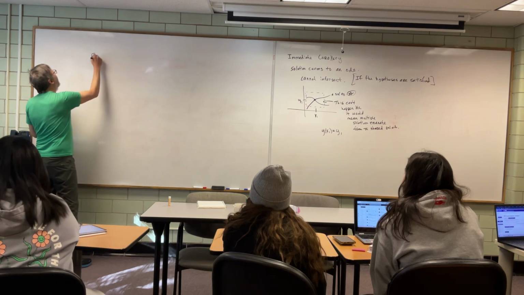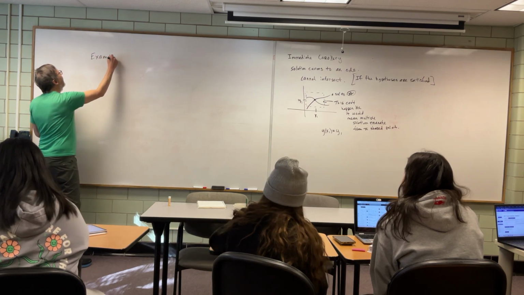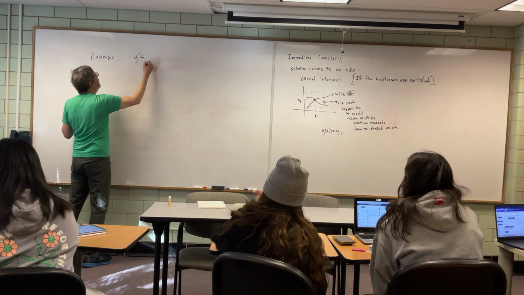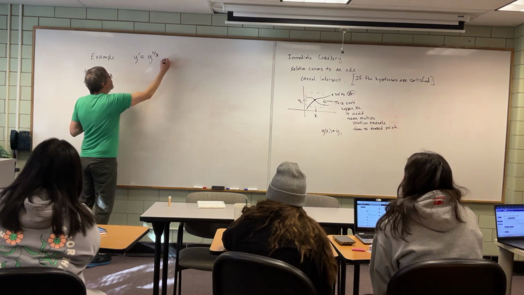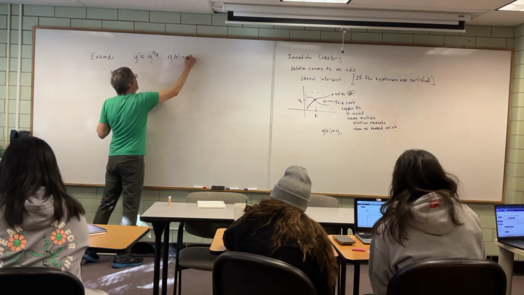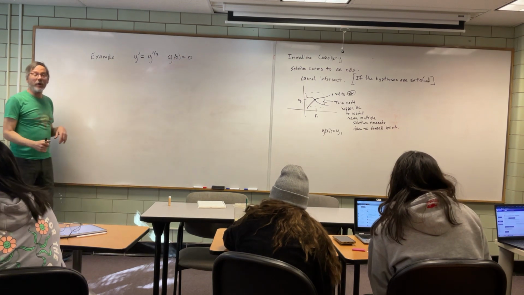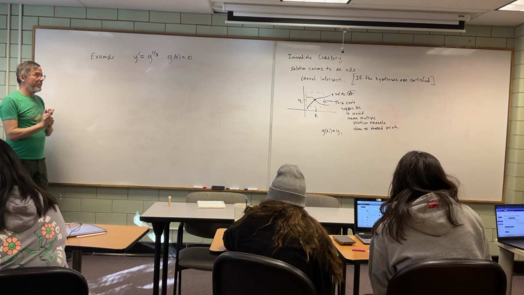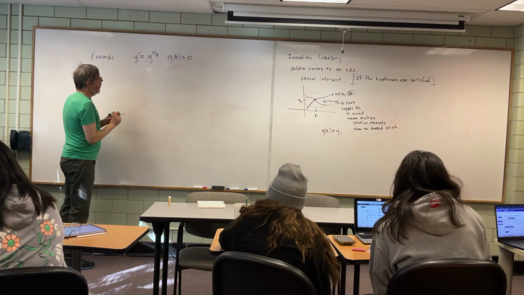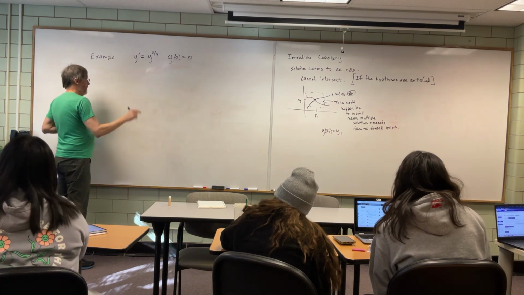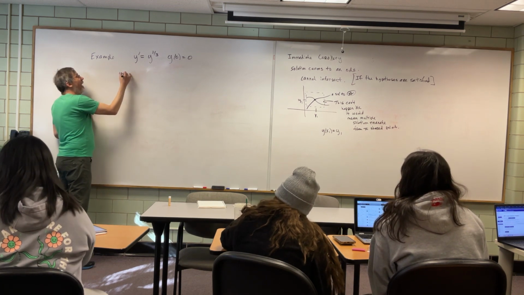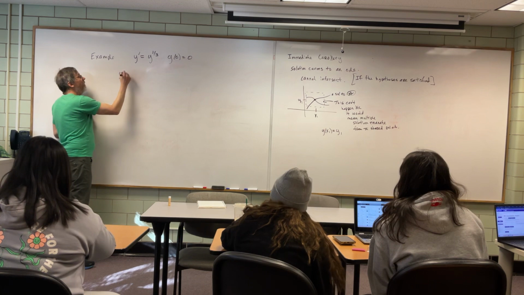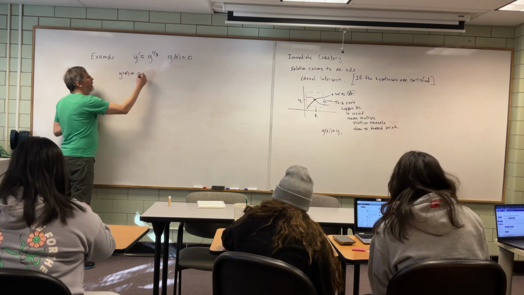So here's an example. Let's say I have y prime equals y to the 1/3, and I've got this initial condition, y at 0 equals 0. One solution to this is just y is 0 for all time, or for all x.